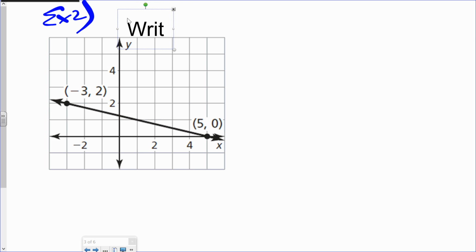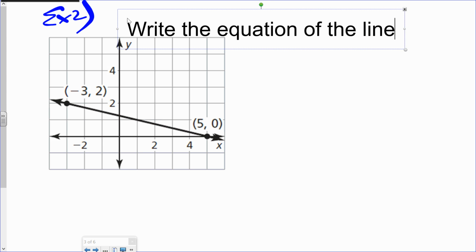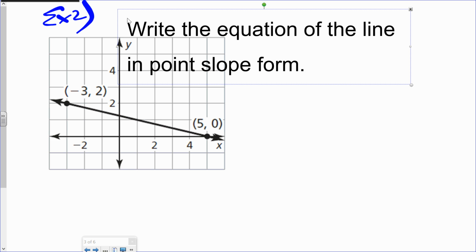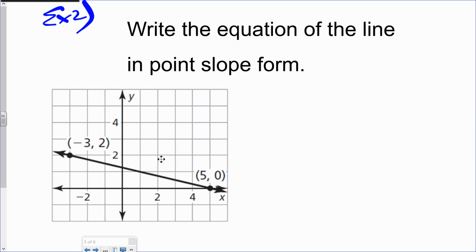Write the equation of the line in point slope form. In your notes, I'm going to give you a simple graph, the x and y axis, and I've got a point at -3, 2 and a point at 5, 0.